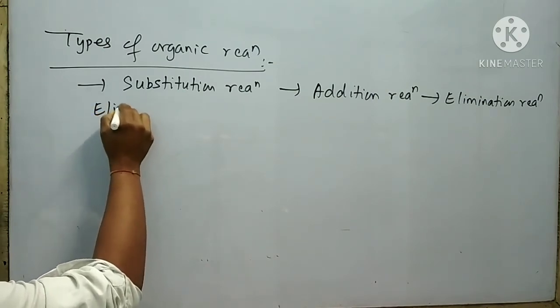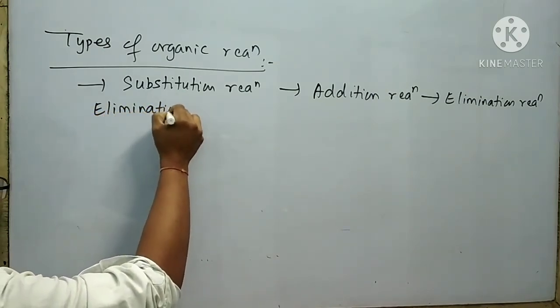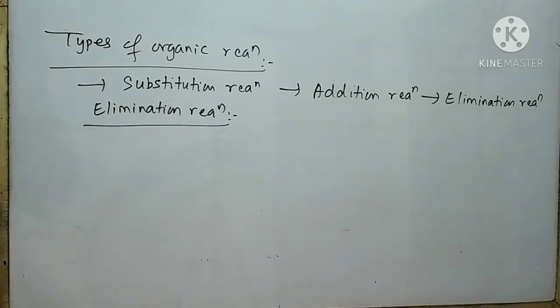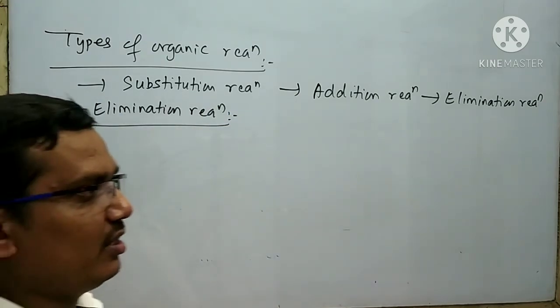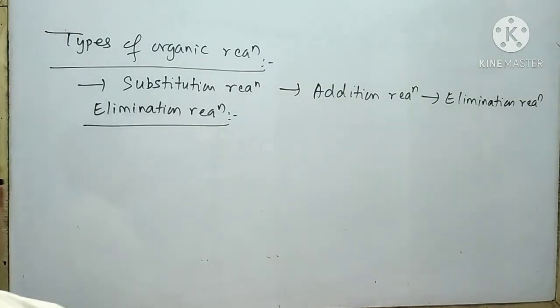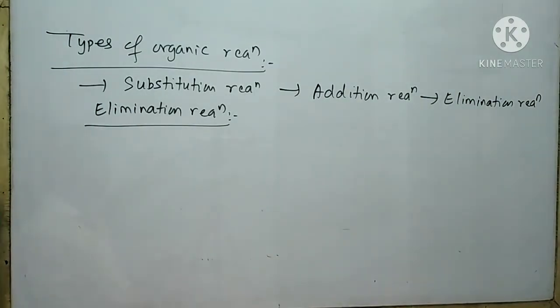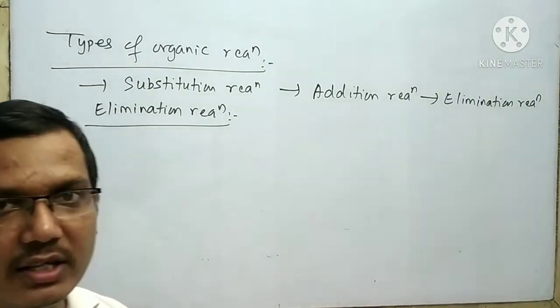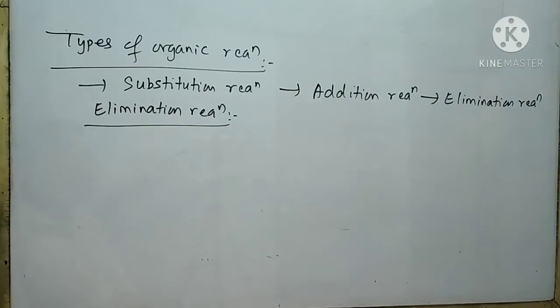Next I will explain about the elimination reaction. What is the elimination reaction? The reaction in which a small molecule is removed from adjacent carbon atoms, resulting in the formation of an additional bond between atoms, is called elimination reaction.